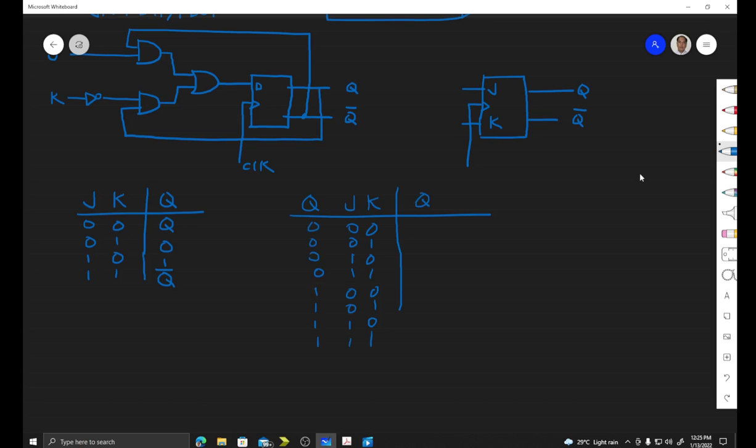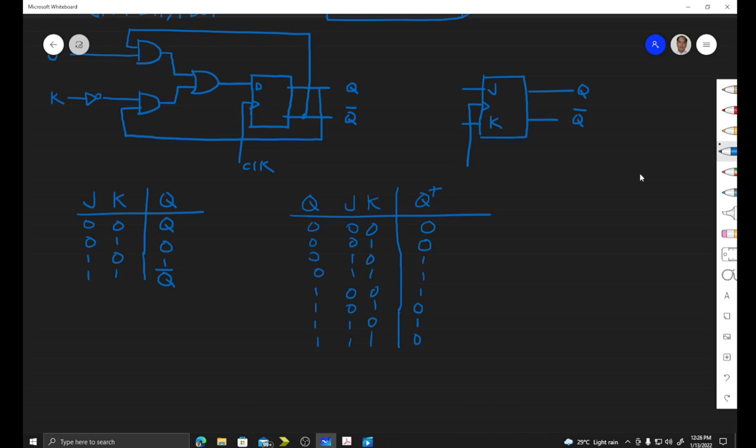Our Q plus is the next state Q. According to this table, we have 0, 0, 1, 1, 1, 0, 1, 0.